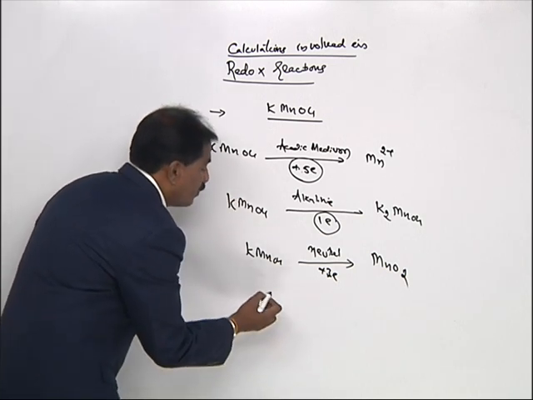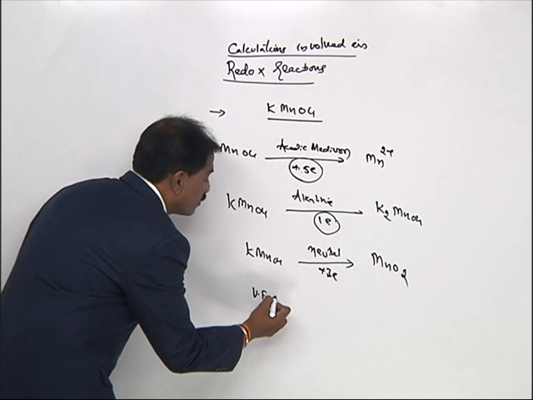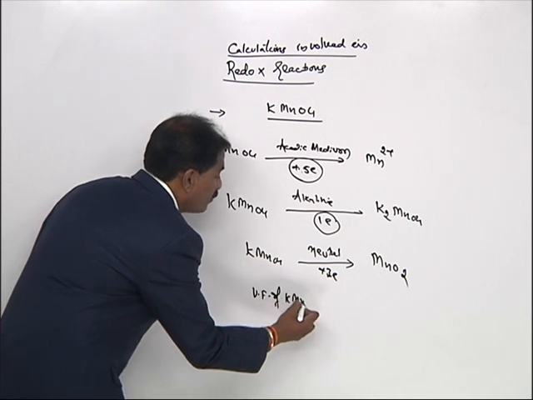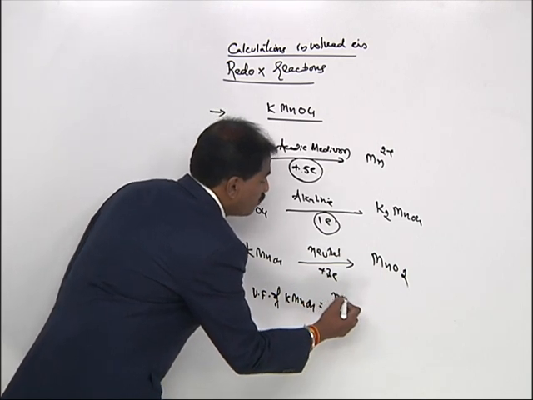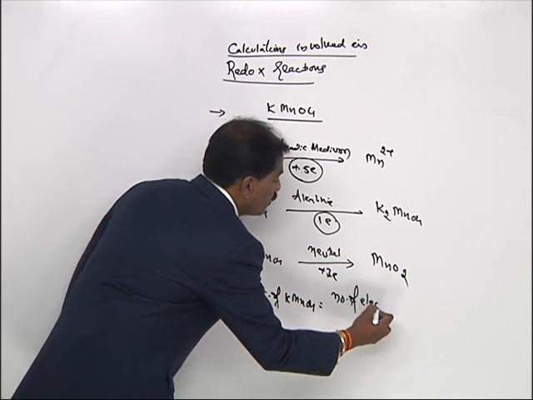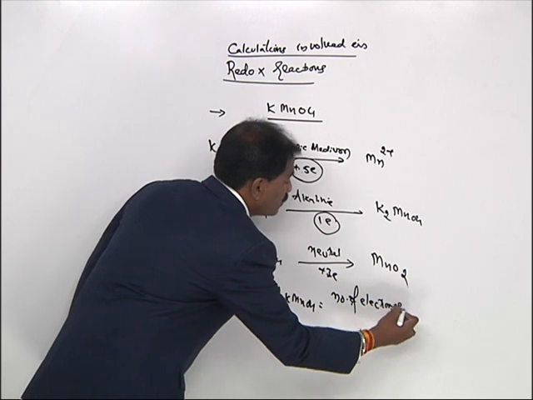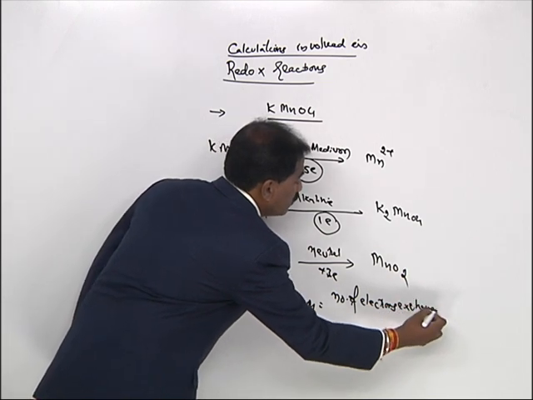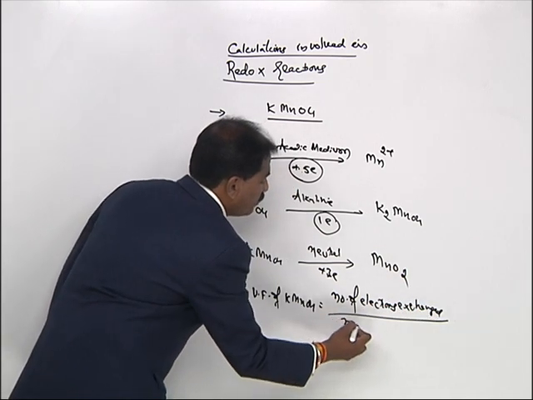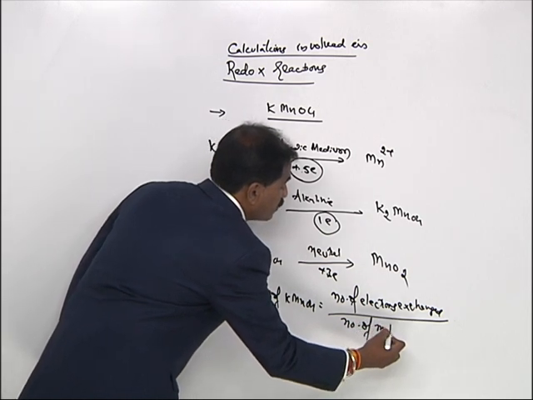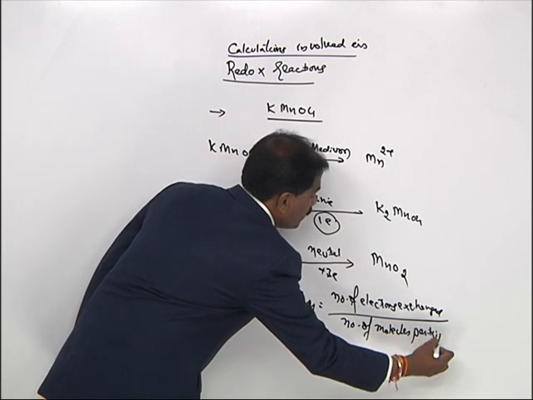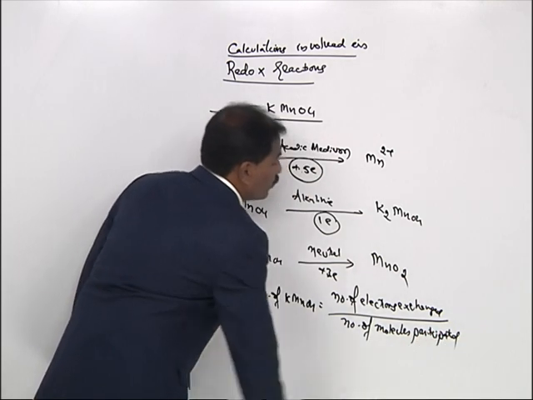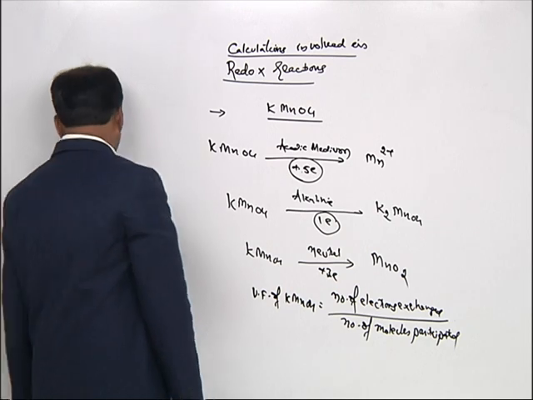Therefore, valence factor of KMnO4 is equal to number of electrons exchanged by number of molecules participated.